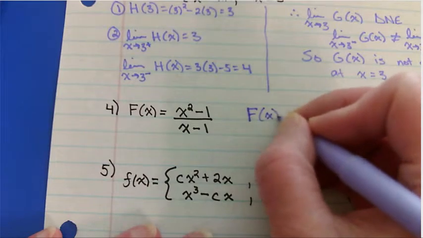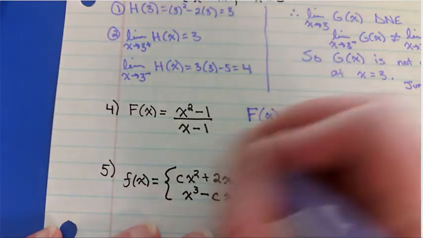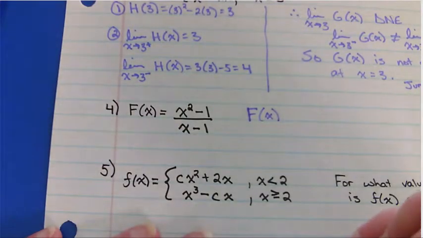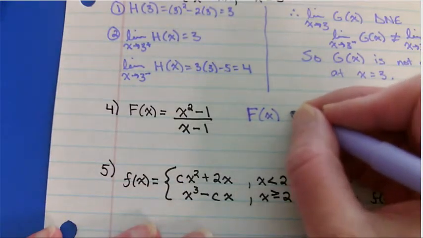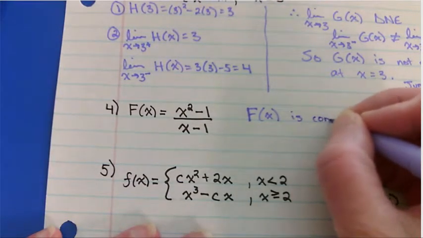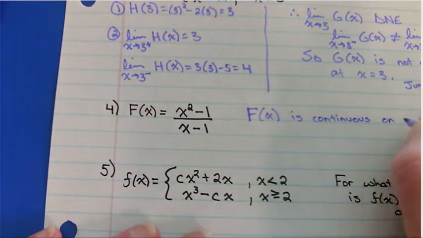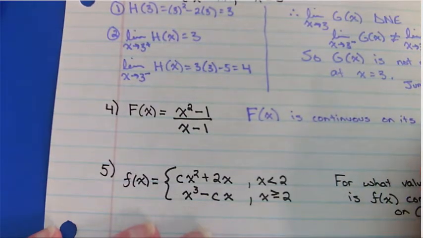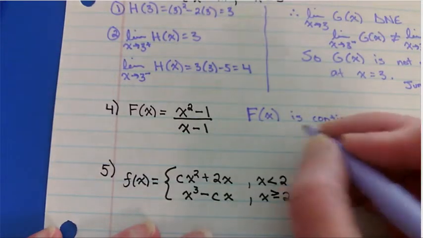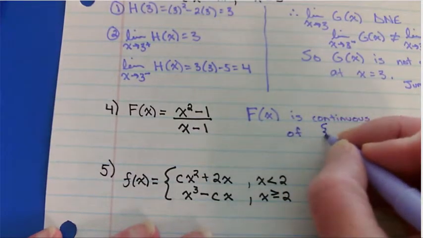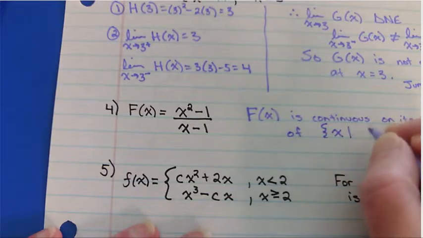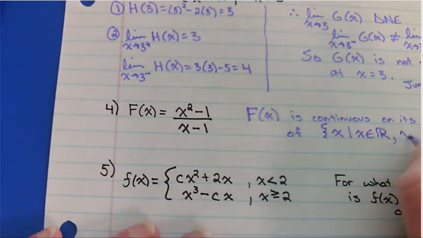So everywhere else it would be okay, right? F of x is continuous on its domain of all x's such that x is a real number where x can never, ever, ever be 1.